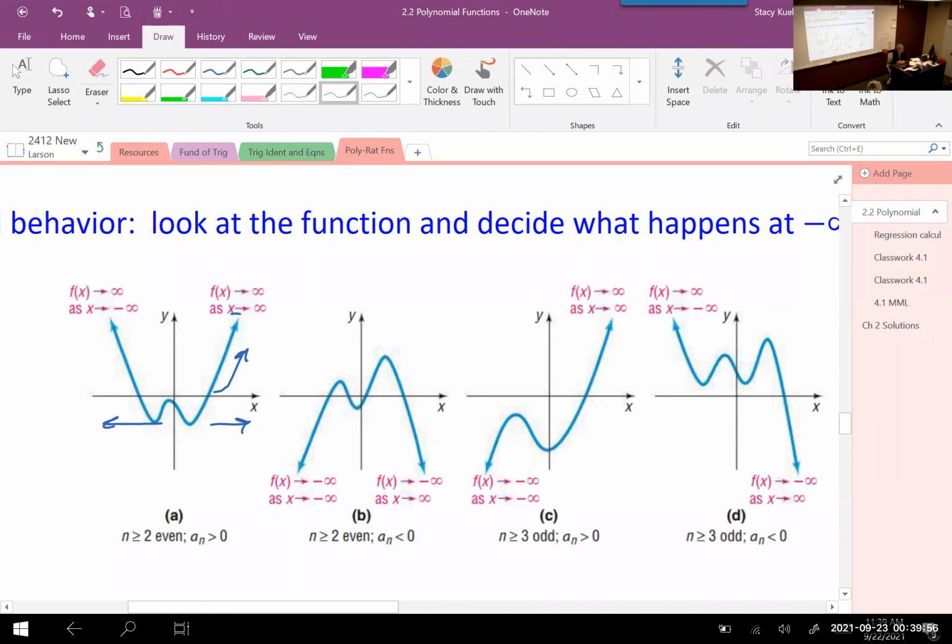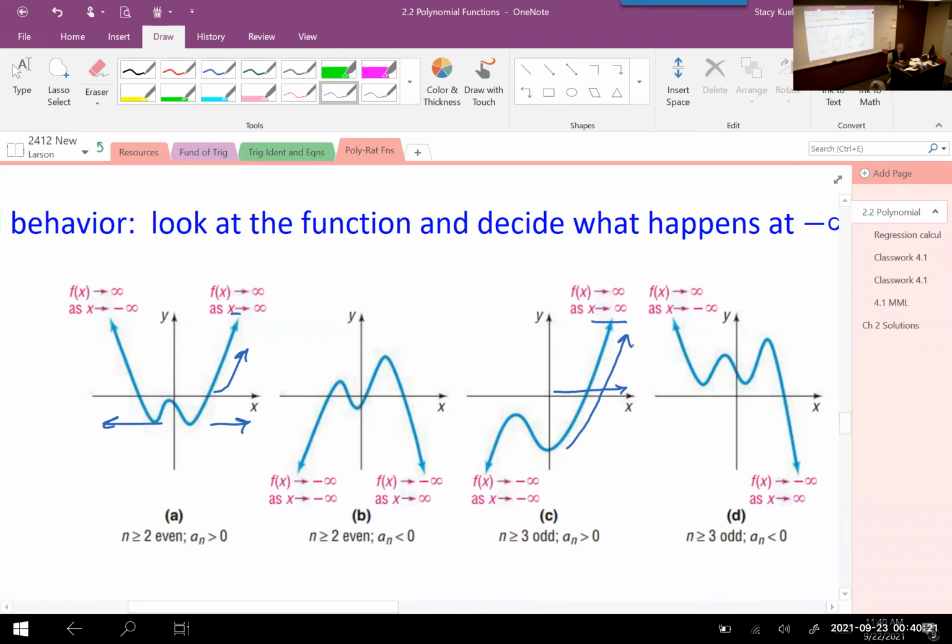Do you see that? Let's practice that again. Let's do the odd one. As x is moving to positive infinity, if I picture the x-axis moving to positive infinity, all my y values are increasing, right? They're getting larger, going to positive infinity, aren't they?